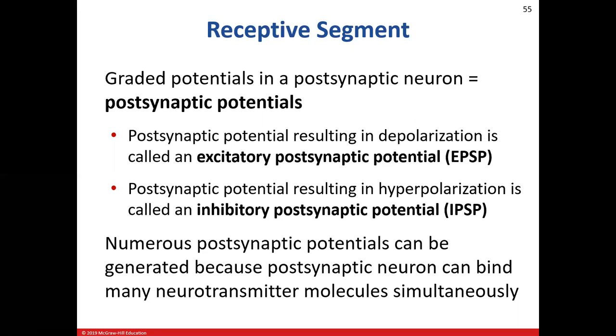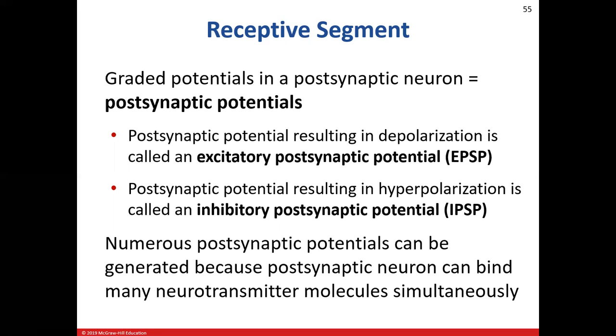So with an EPSP, we're actually becoming more positive, coming closer to threshold. And this is what's going to be more excitatory. It has the greater potential to get us to an action potential.